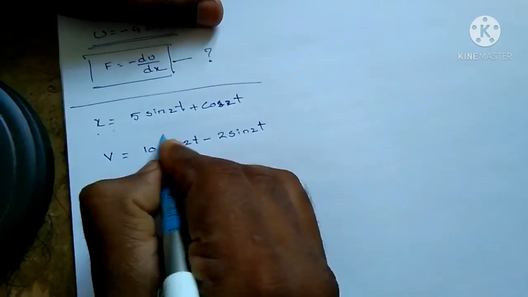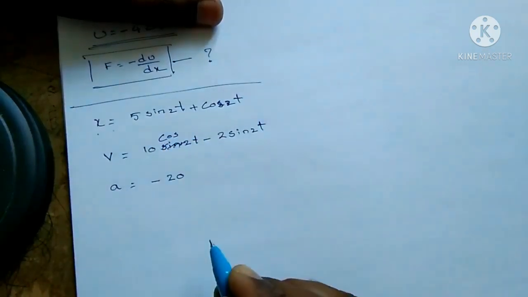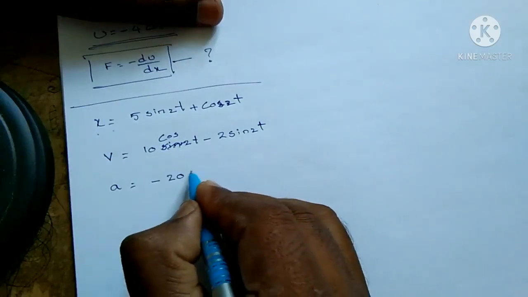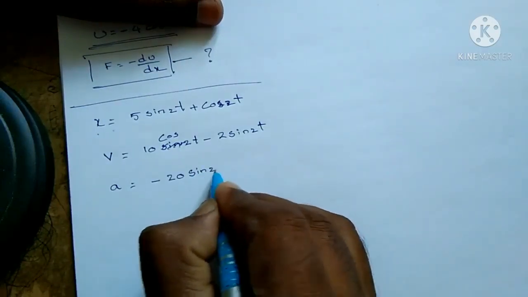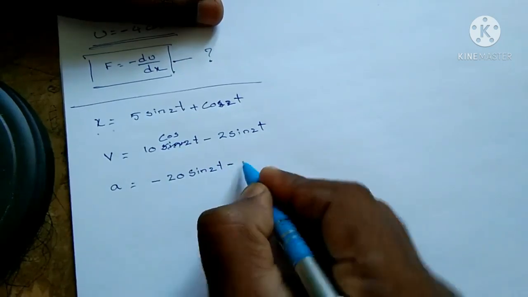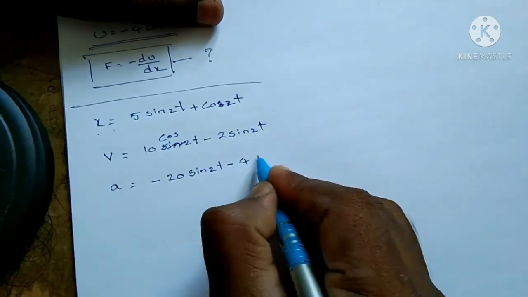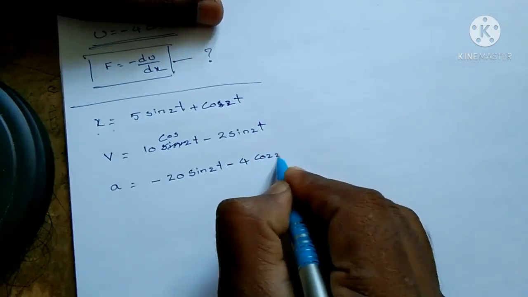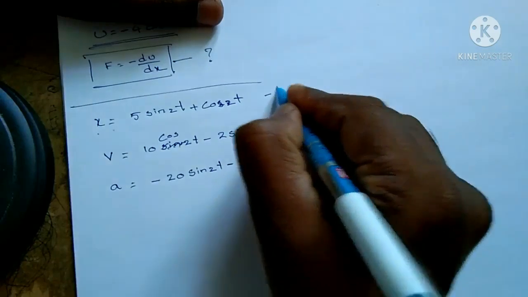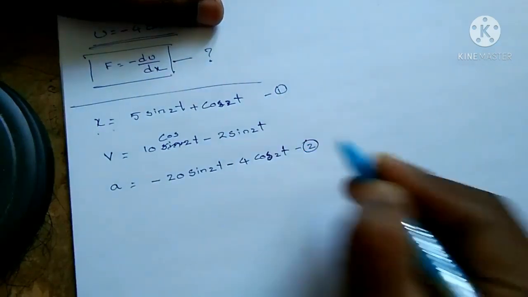minus 20 sin 2t minus 4 cos 2t. Let this be equation 1 and let this be equation 2.